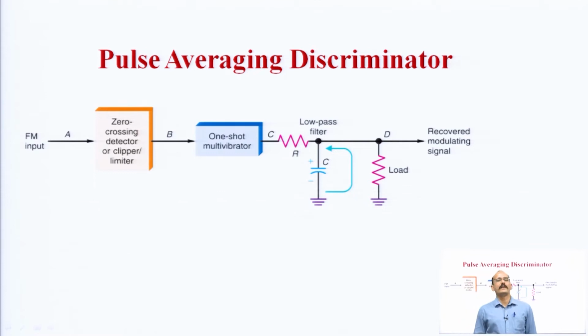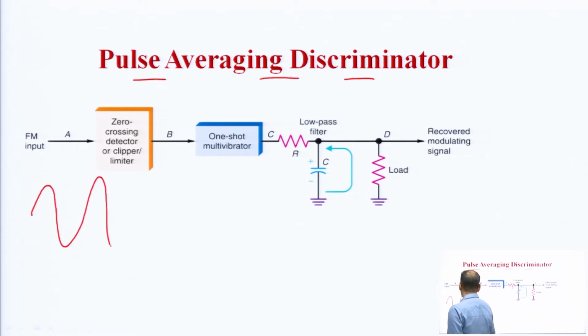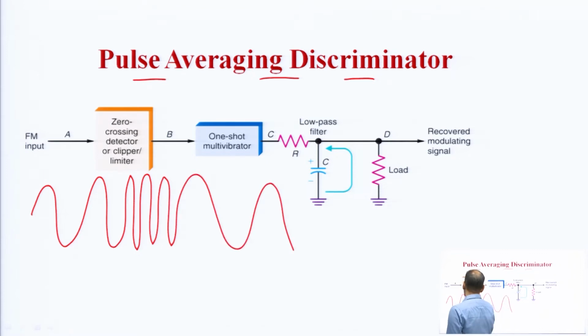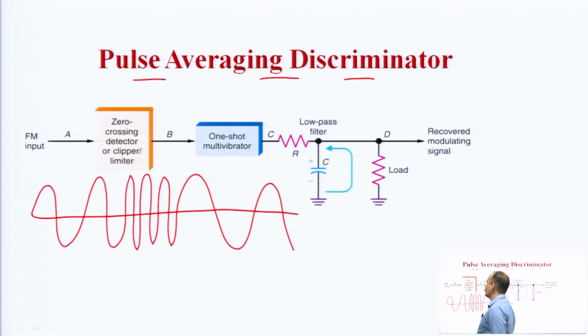Similarly, we have another technique of FM demodulation, the pulse averaging discriminator. This technique is also very important and widely used in telemetry systems, because it is also a direct technique. As in this diagram, this is the variable frequency signal, and you can see the points where it crosses zero.